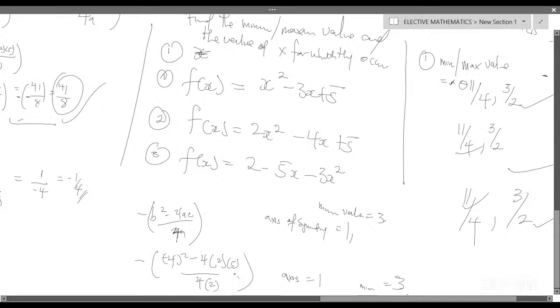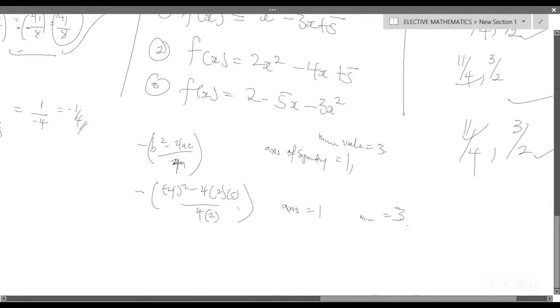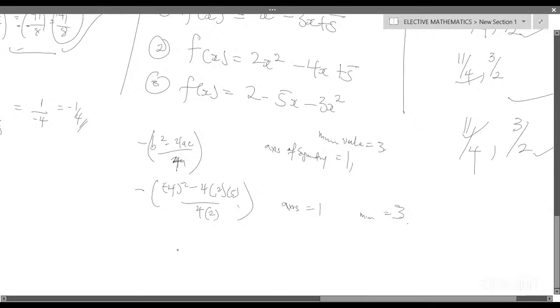When you punch this on your calculator, you are supposed to get 3. So let's see how we get the 3. -4 squared means -4 times -4, which will give us +16. So we have 16 minus 40, all over 8.